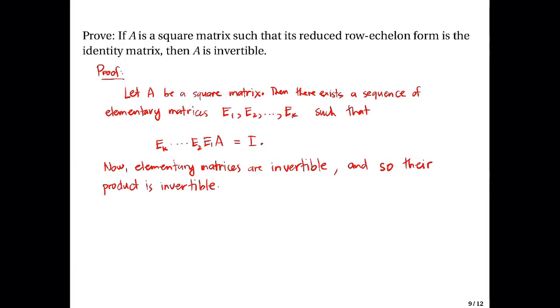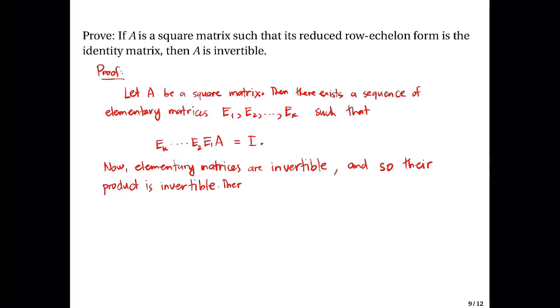And if it is invertible and you multiply it to A, this guy here is invertible, you multiply it to A and you get the identity matrix. Remember that theorem? A must be invertible.